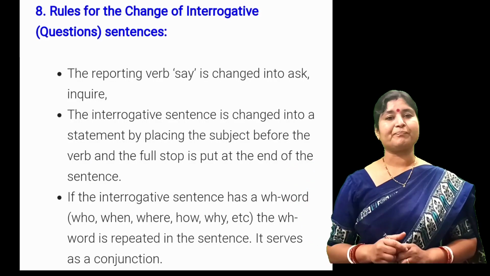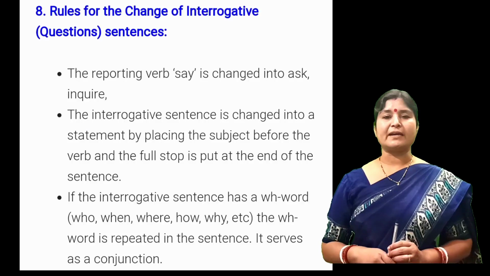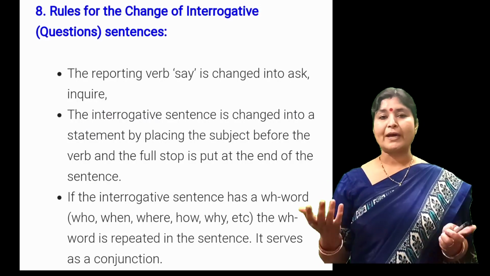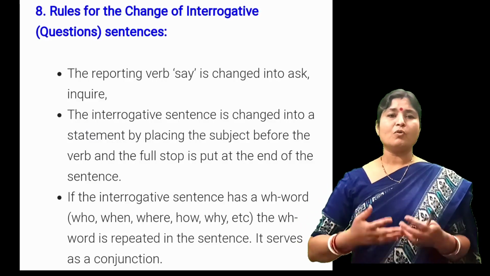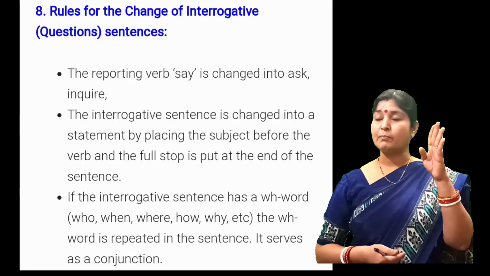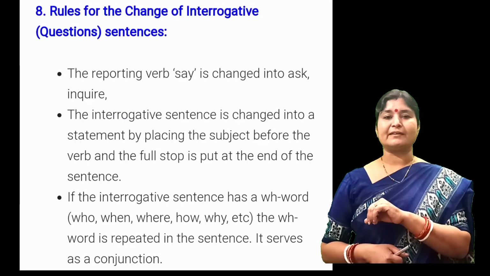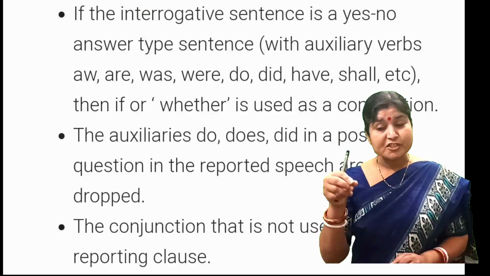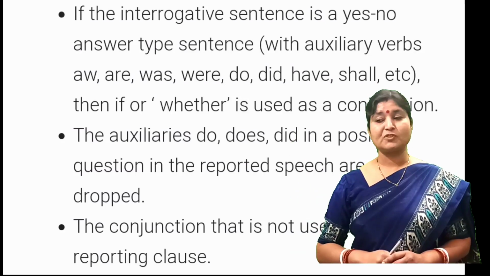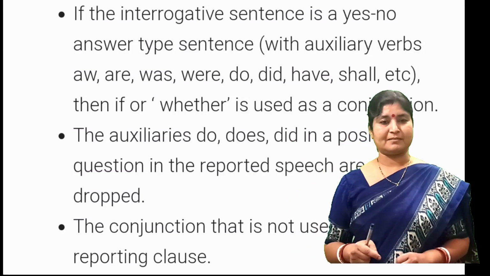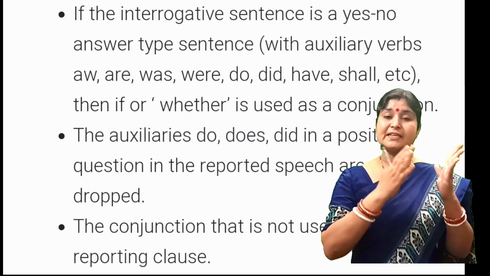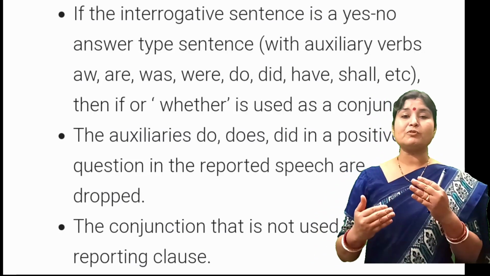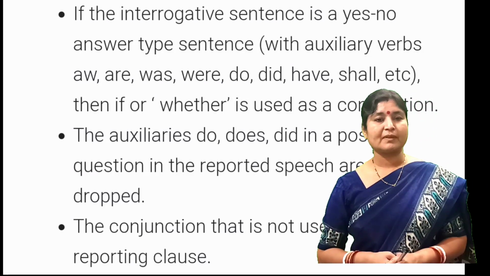Third, if the interrogative sentence has a WH word like who, when, where, how, why, etc., the WH word is repeated in the sentence and serves as the conjunction. So we should not use that. The conjunction will be the same WH word. Remember these things. Then we come to yes-no questions.